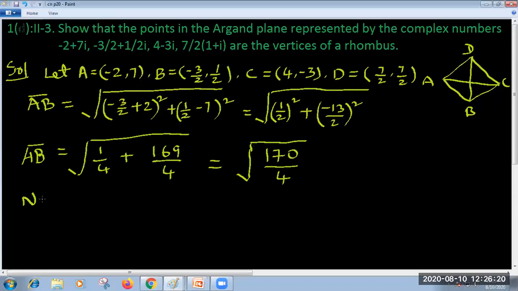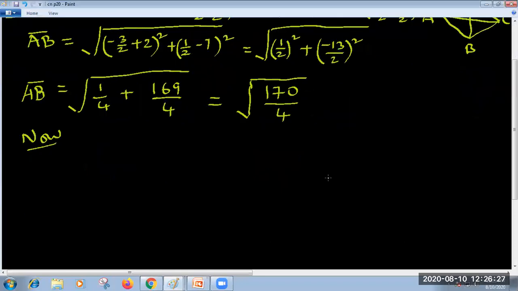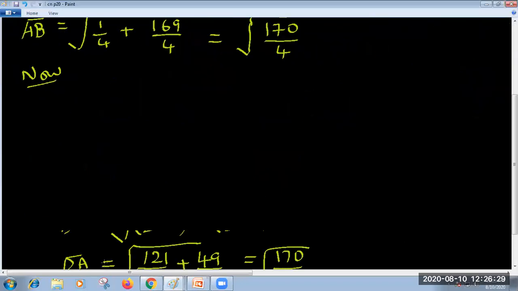Now let us find BC, the length of the side BC.